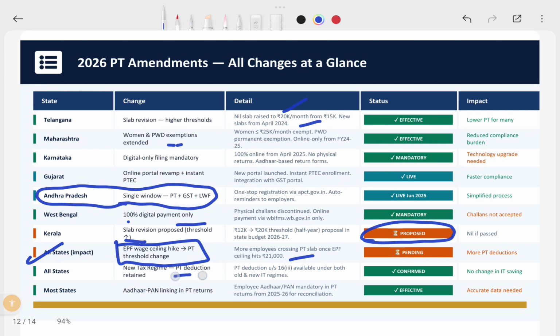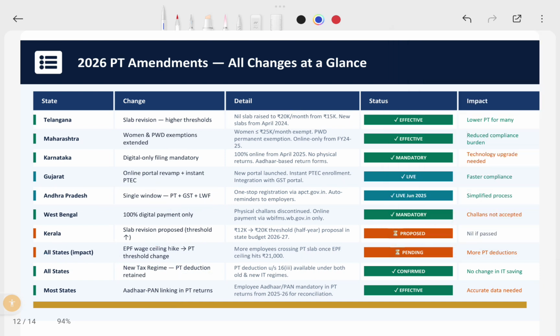PT deduction is retained in the new regime, so PT deduction is available under both the old and new regimes. Most of the states are linked with that. So these are the major changes in 2026 for the PT related act. There would be limit changes and new portal improvements, all this.